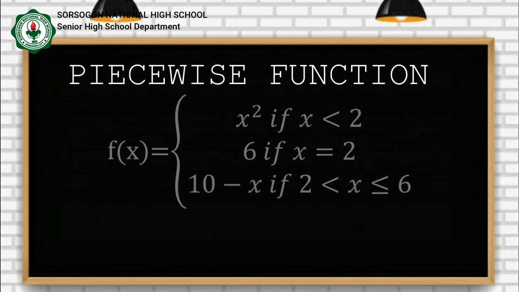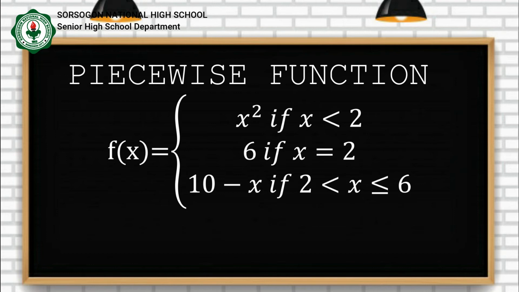An example of a piecewise function is f of x is equal to x squared if x is less than 2, 6 if x is equal to 2, 10 minus x if x is greater than 2 but less than or equal to 6.